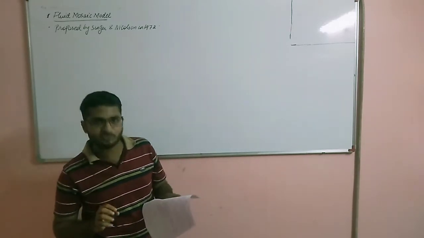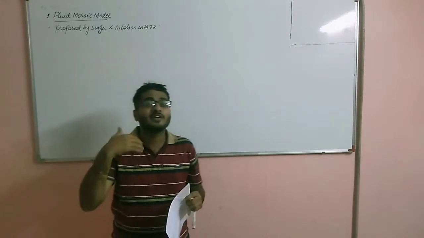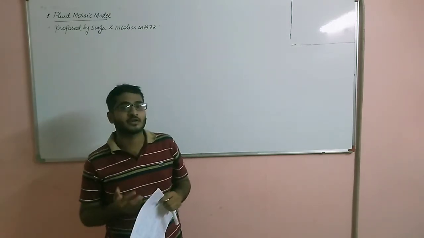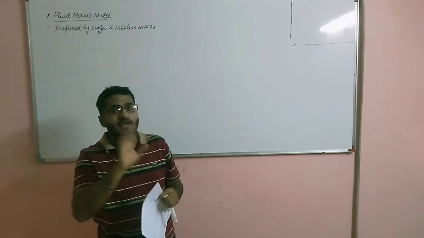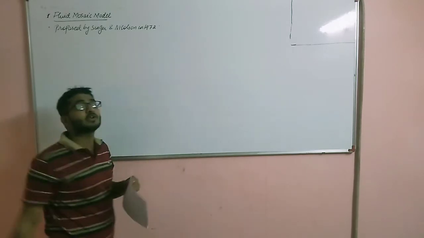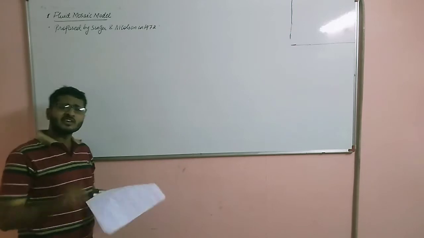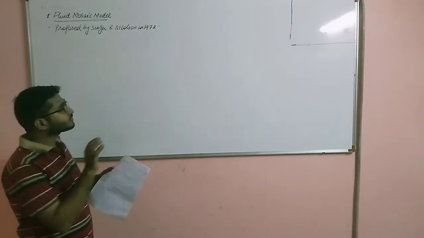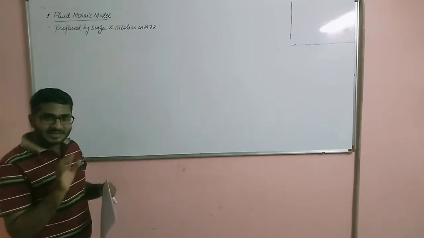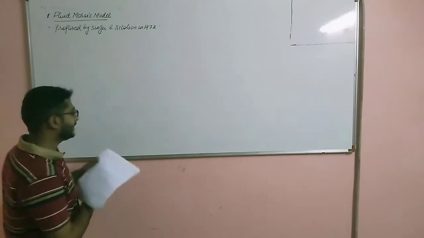Using the same information of the sandwich model, they interpreted it in a different manner, which Danielli and Davson had not thought of at the time when they discovered the model. So basically, Singer and Nicolson used the data of Danielli and Davson, but the interpretation was different.